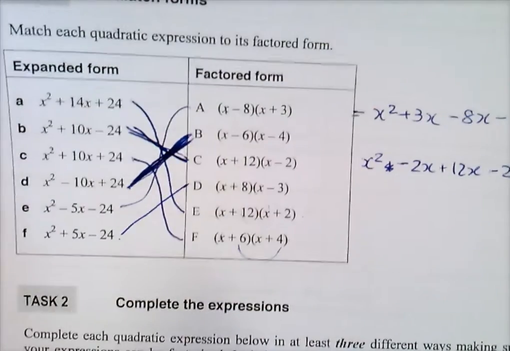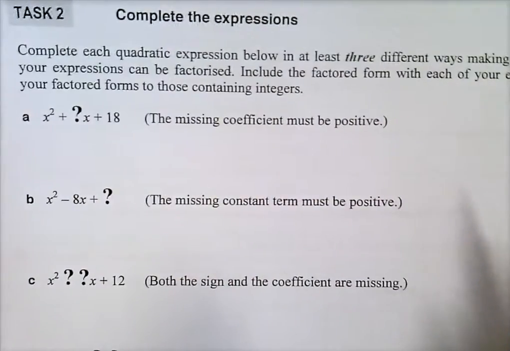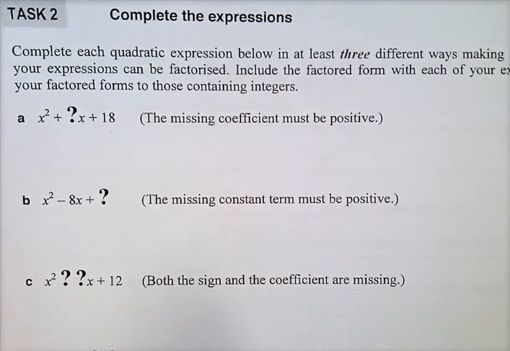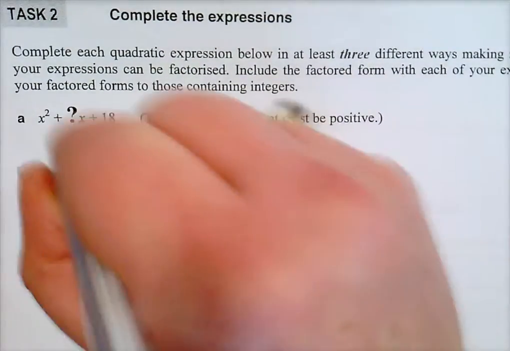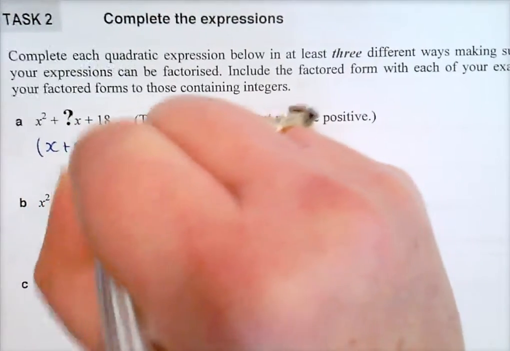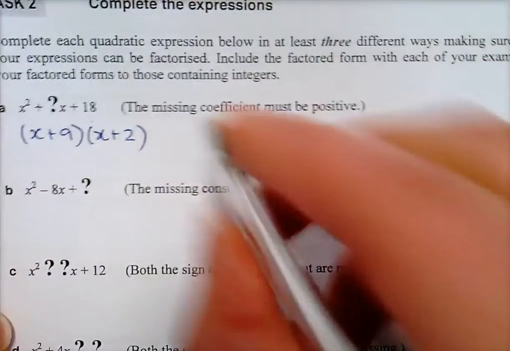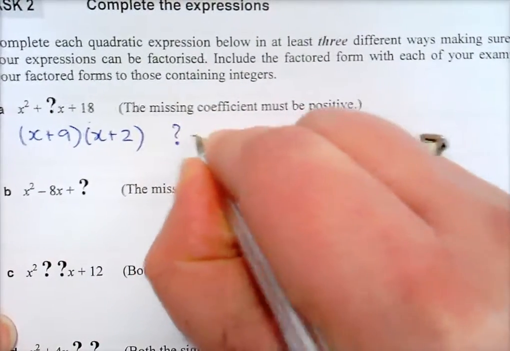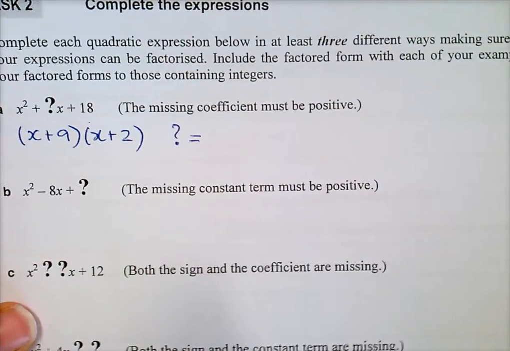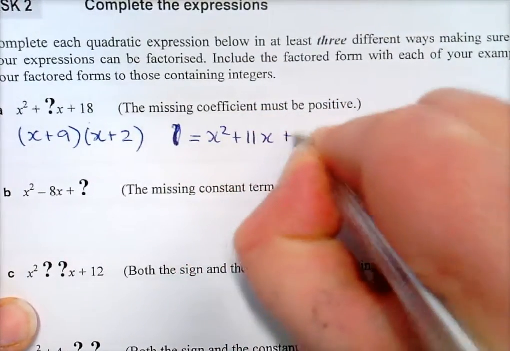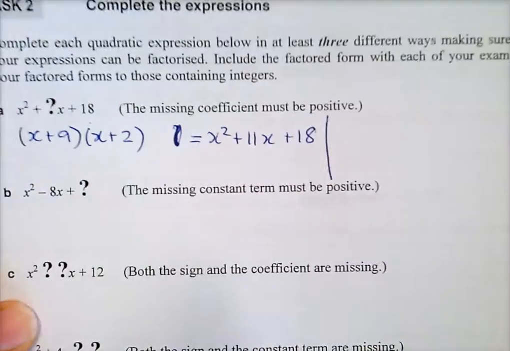Okay. So everyone's going to get something different, girls, but we've got a plus. What two numbers multiply to give 18? 9 and 2. So it can be x plus 9, x plus 2. What would that give me for the question mark? If I did that, the question mark would be 11. So with that one, I'd get x squared plus 11x plus 18. Do you get what I'm doing?